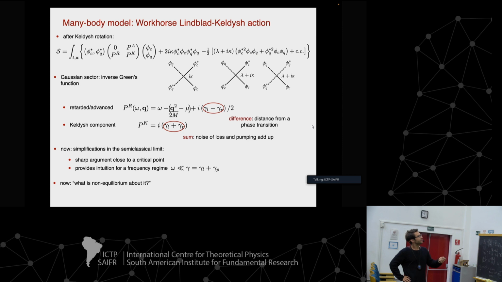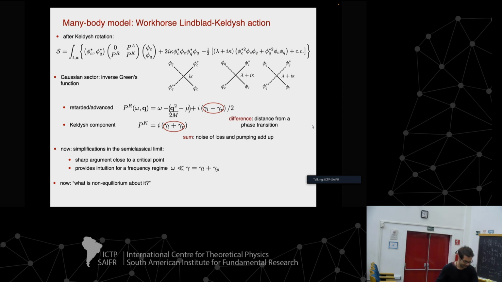So here you can see the single particle sectors, and everything that is quadratic in the field has this inverse retarded and Keldysh Green's function showing up. And if you just do the manipulations I was describing, you find this expression here, where the interesting point is that this object shows the distance from the phase transition.